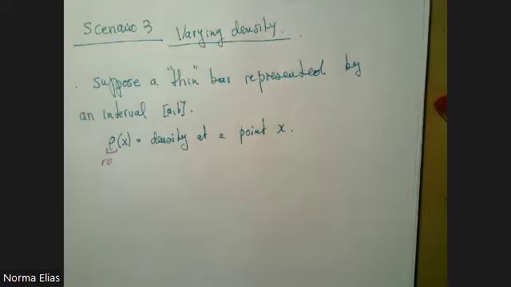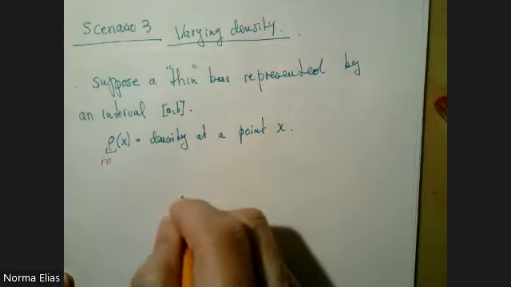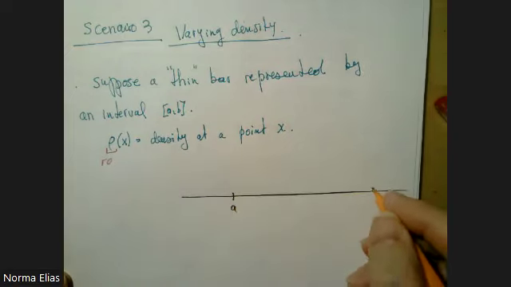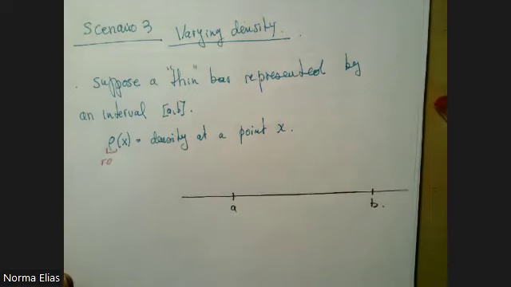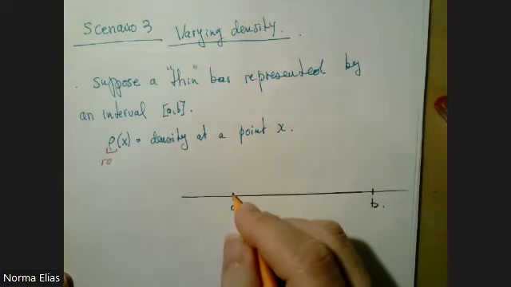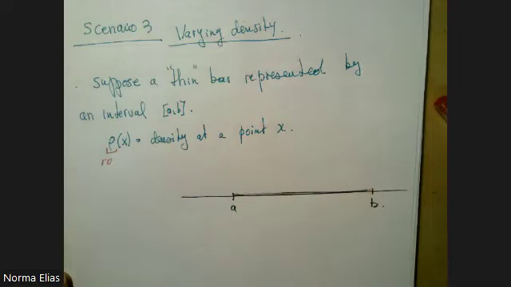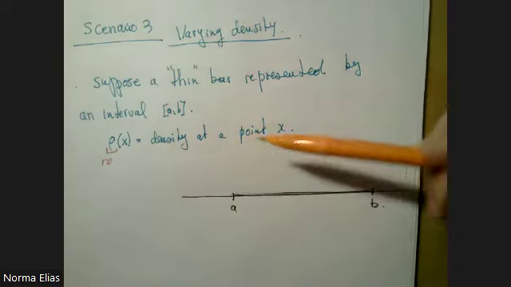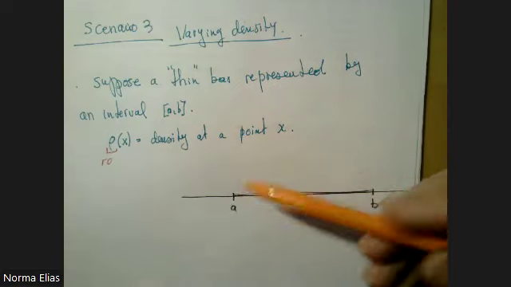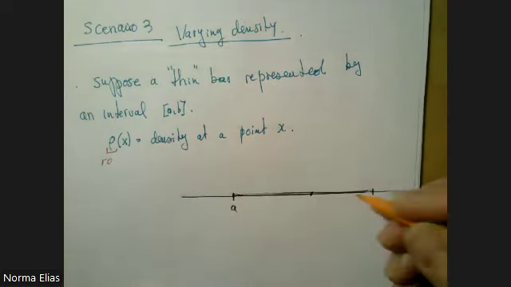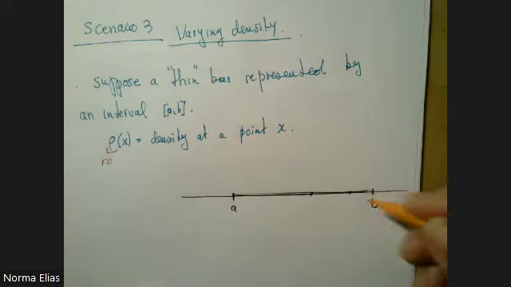So now that's the picture in our mind. We have here an interval AB, and this is my rod. One way you can make sense out of it: the density changes continuously, it means the density at this point and at this point are different.